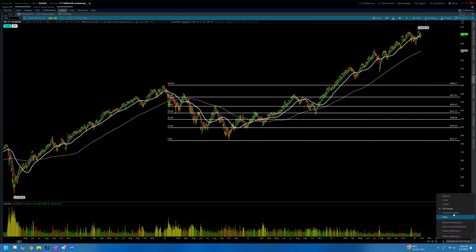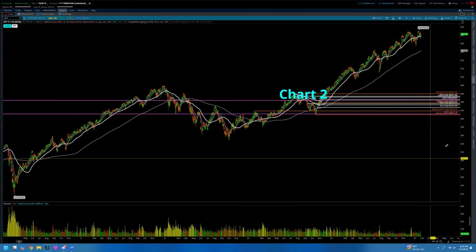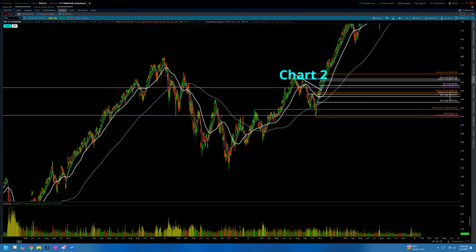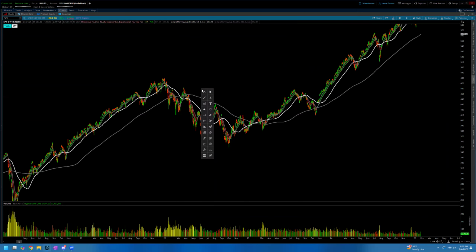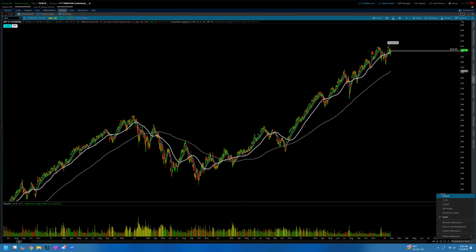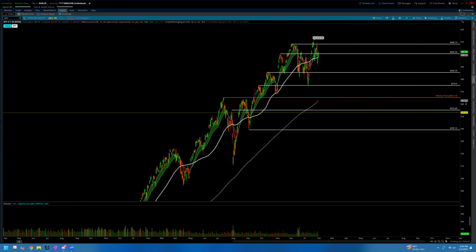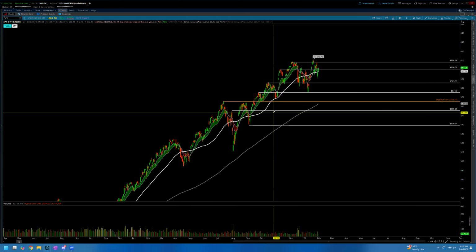Sometimes I have other drawing sets where I have separate levels, older drawing sets that have these lower levels that I used to use a bit more frequently. Wow, that's actually kind of cool to look at. That's crazy. Anyway, I personally like to keep my charts pretty clean. So I like to keep levels only in areas that are relevant to current price. So even some of these lower levels, below 565, I might consider removing.